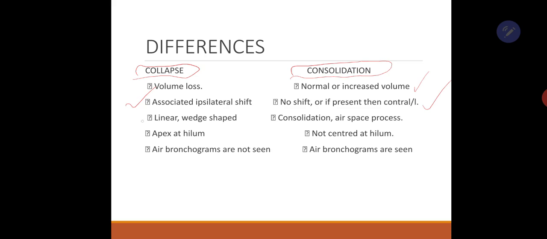Collapse is a linear wedge-shaped opacity, while consolidation is an airspace process. The apex is at the hilum in collapse, not in consolidation, and air bronchograms are not seen in collapse, and air bronchograms are seen in consolidation.